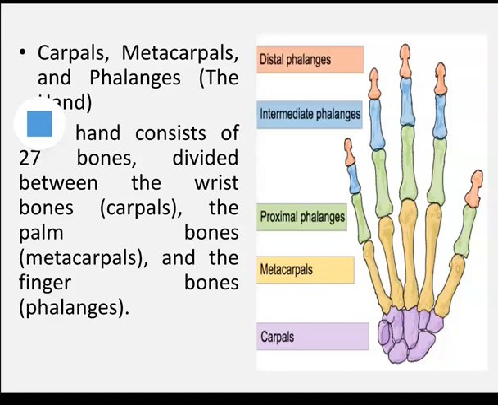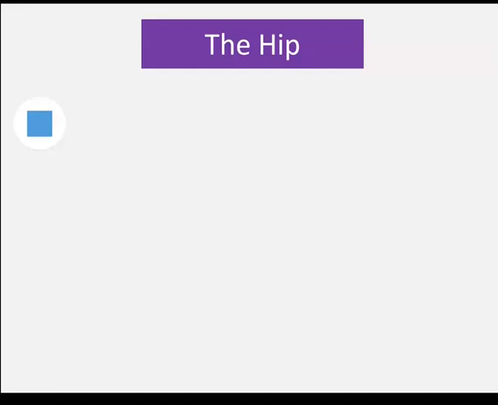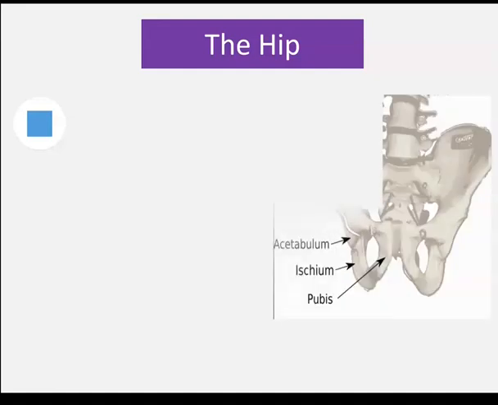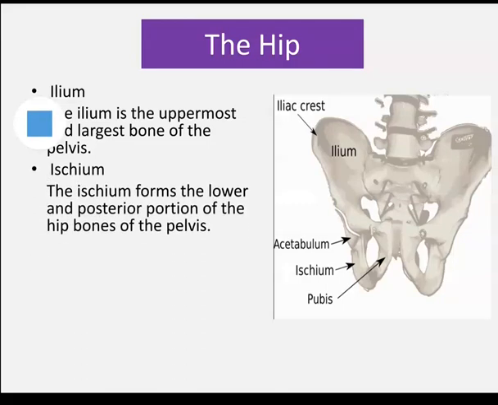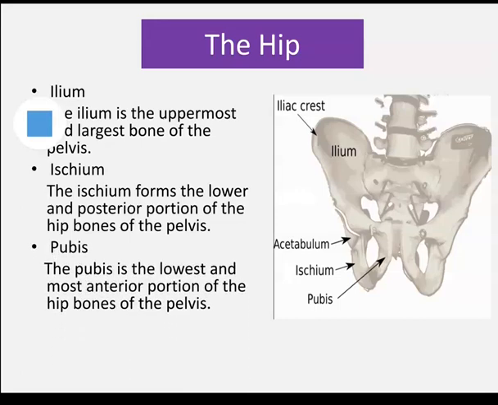Finger bones are called phalanges, palm bones are called metacarpals, and wrist bones are called carpals. Then the hip bone. The hip bone is divided into three parts: ilium, ischium and pubis.